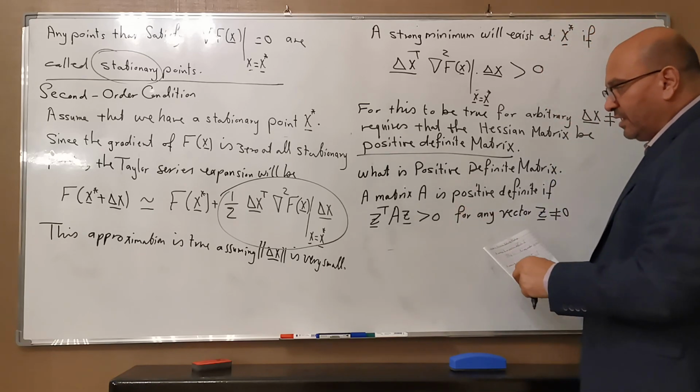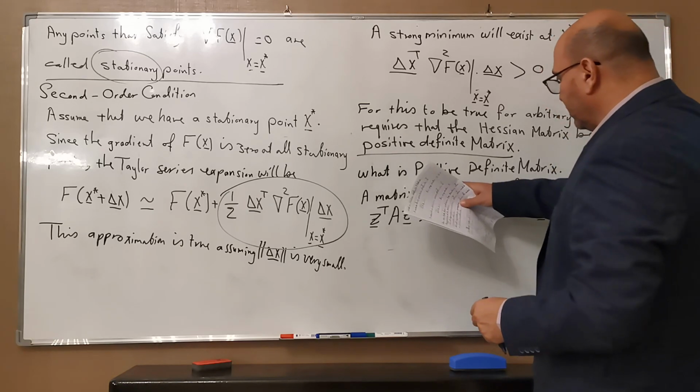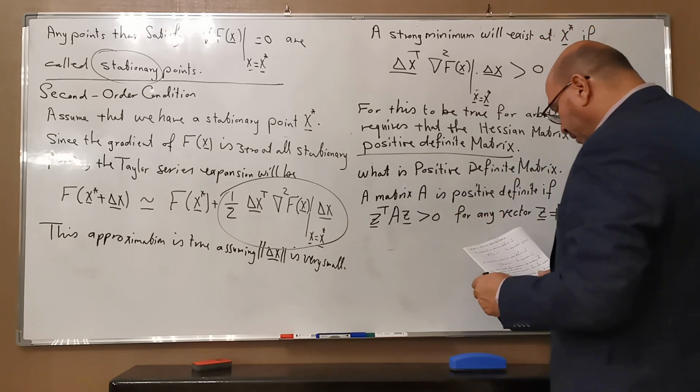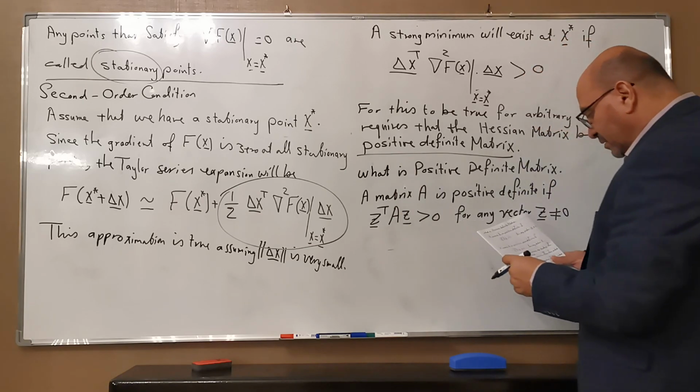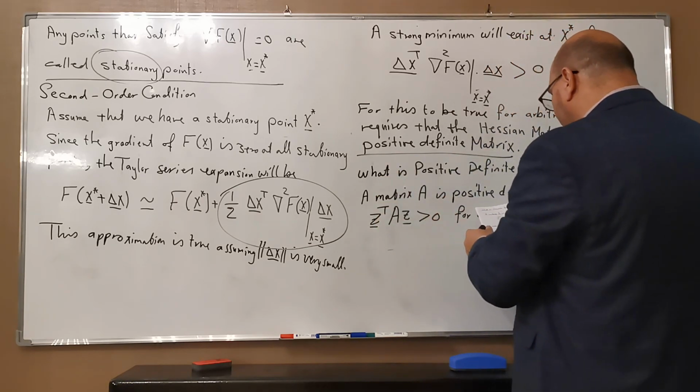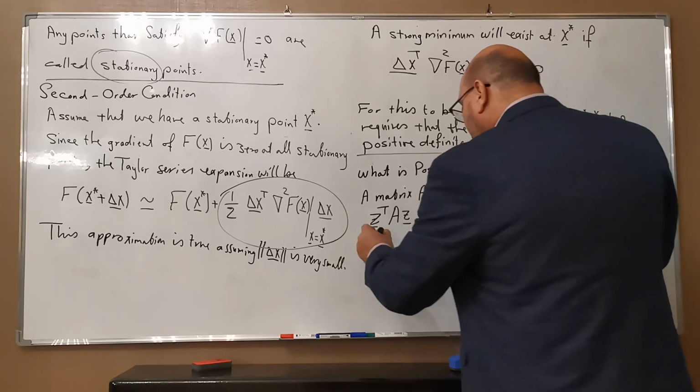We will see in a while how we can check for the positive definiteness of a matrix in an easier way. But before that, let me just continue the explanation about positive definiteness.